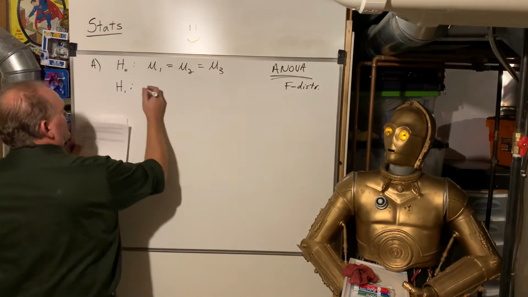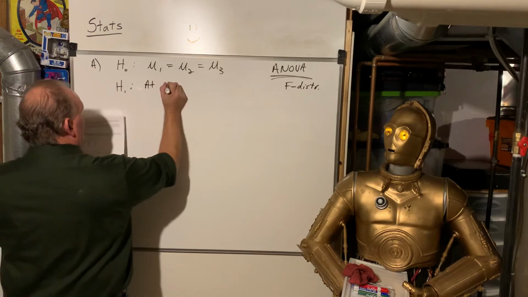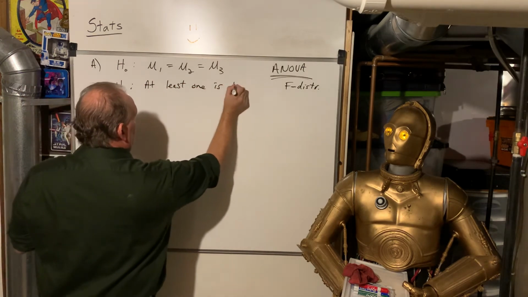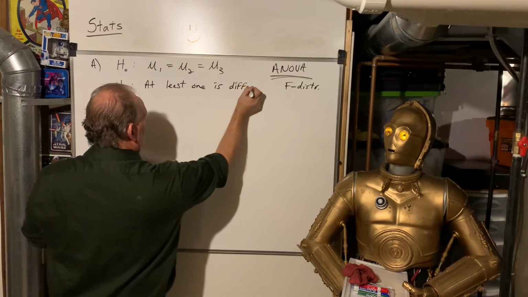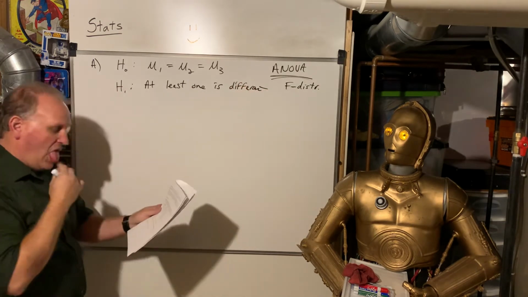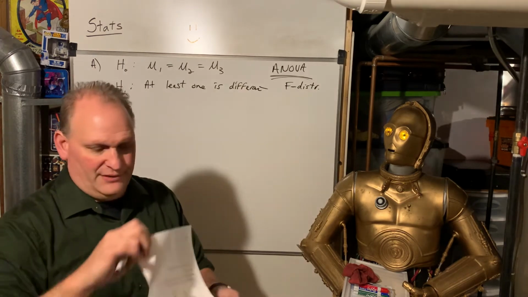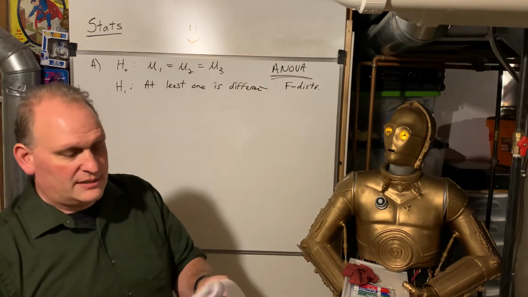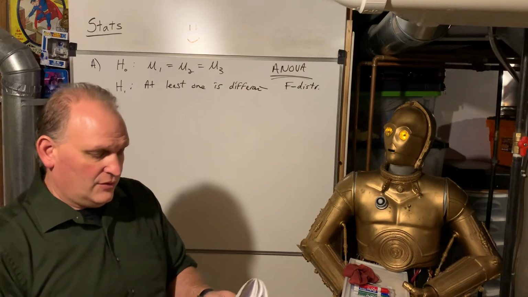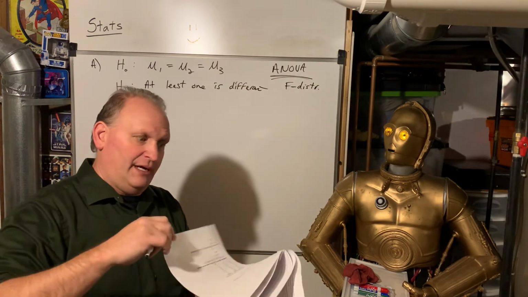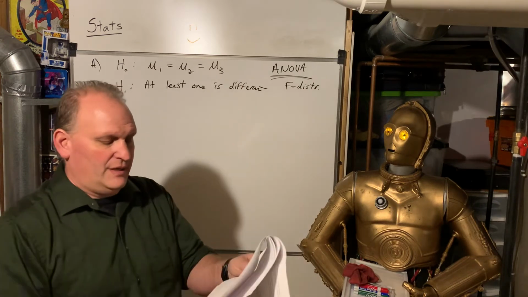And then the alternative is at least 1 is different. So at least one of the means is different from the others. And the steps of figuring it out are very intense and very tedious, so we wouldn't want to do that.